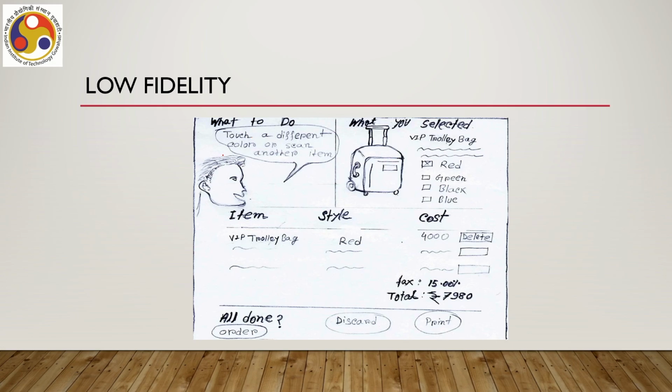With this sketch we are able to depict what are the elements on the screen that the user gets to see, including the buttons, including the options for selections and so on, and including the appearance of the elements, their layout, and many such things we can visualize based on such a sketch.